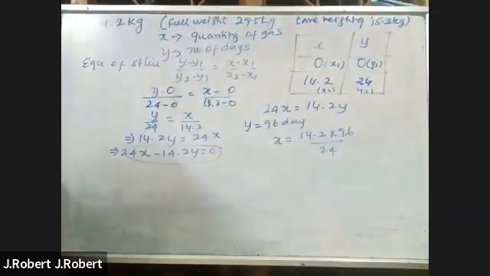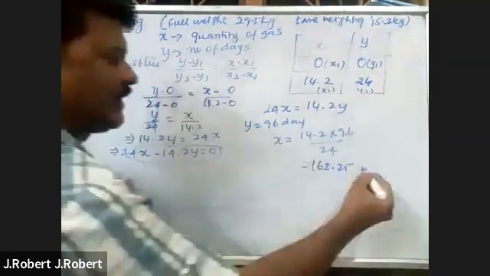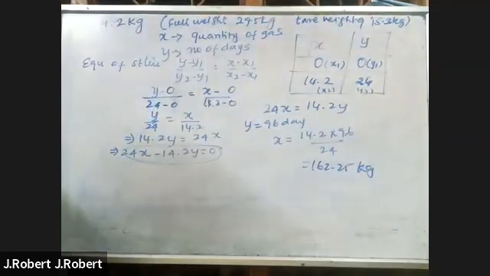Simplifying, we get 56.8. So X equals 56.8 kg.